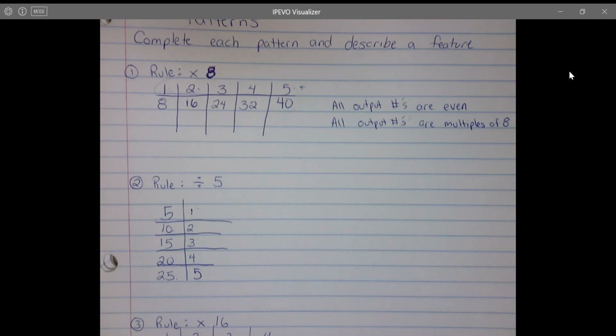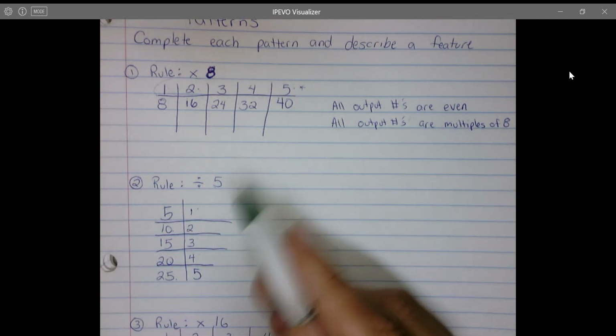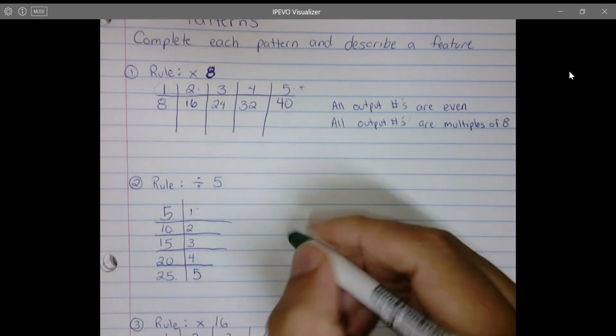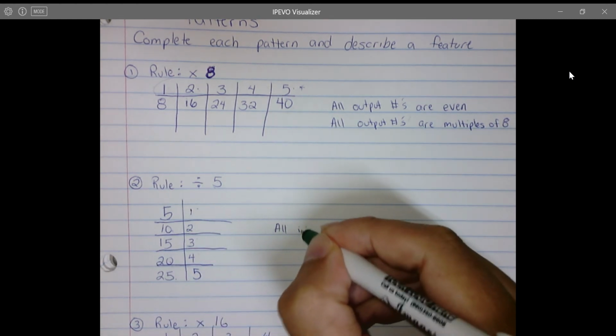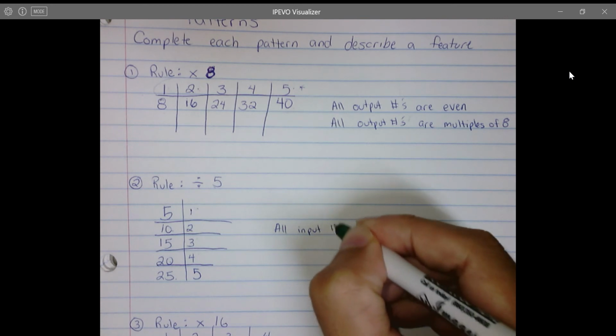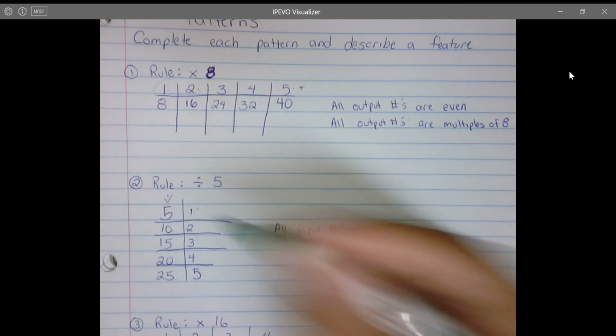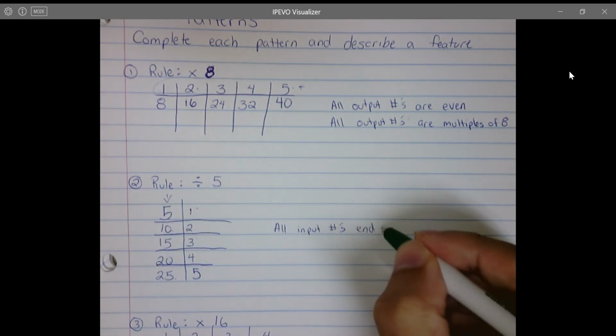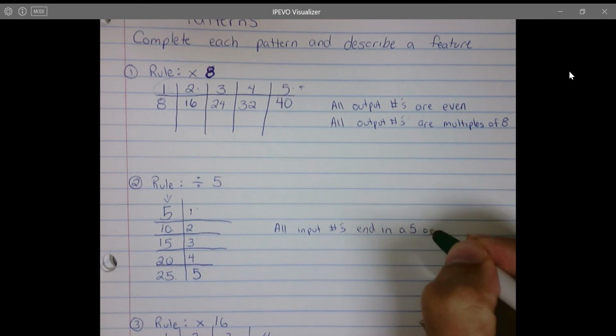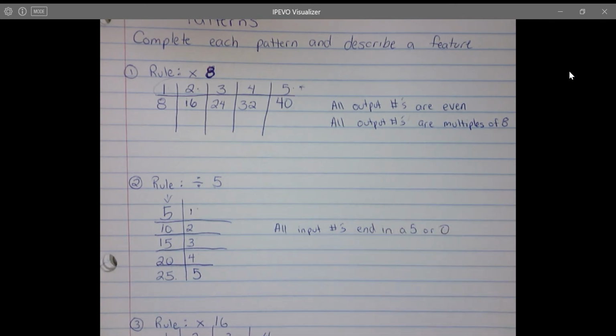So in this case, it was a straight up pattern, 1, 2, 3, 4. An observation I could have is that all input numbers end in a 5 or 0, meaning that they're all multiples of 5.